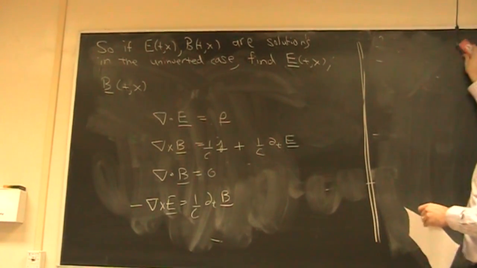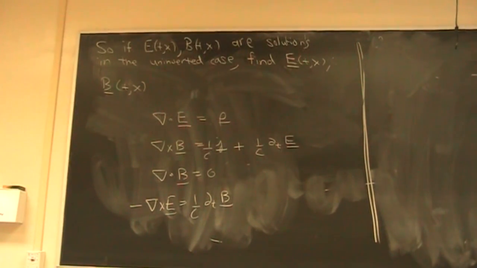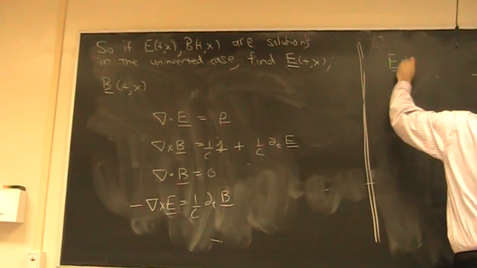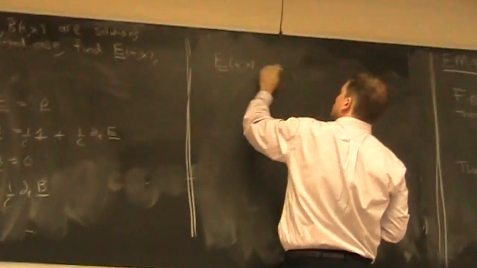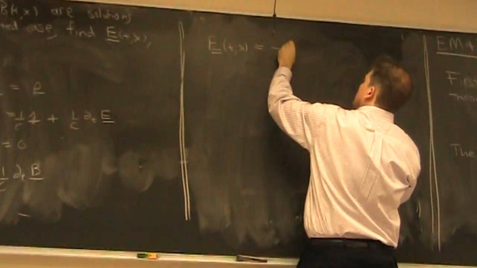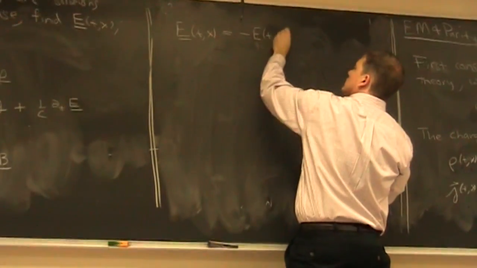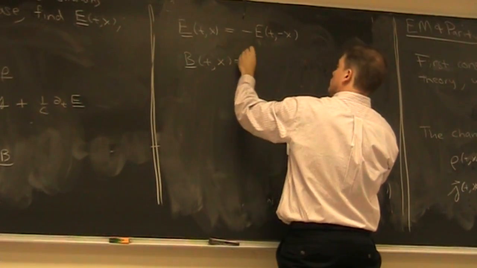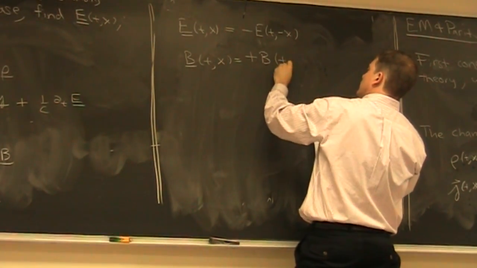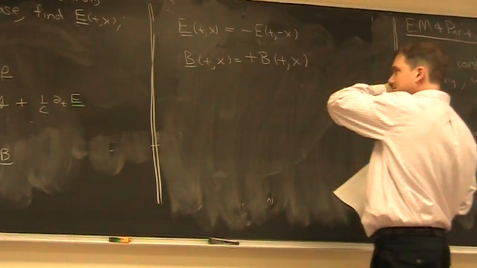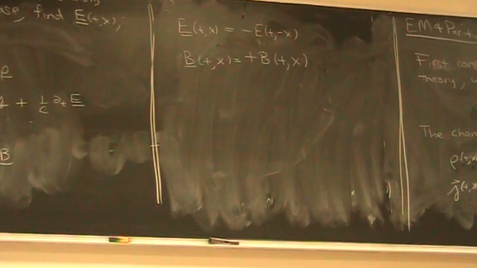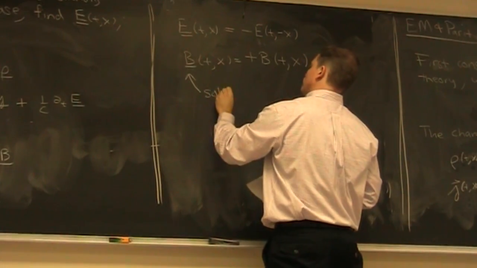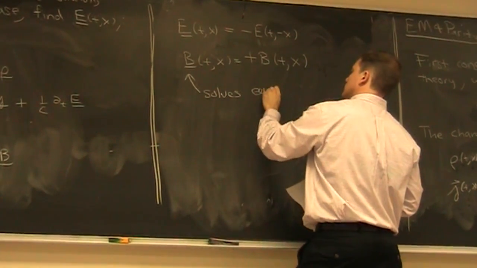If E and B solve the original equations, then you can just check that the following works: E bar of t and x is equal to minus E of t and minus x, and B bar of t and x is equal to plus B of t and minus x. That solves the equations.